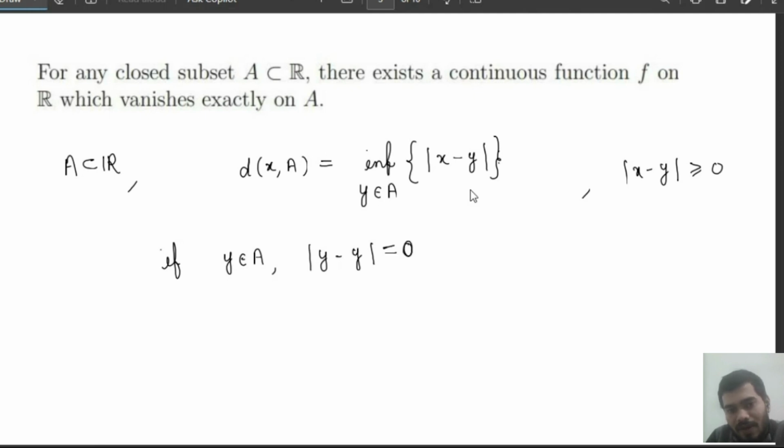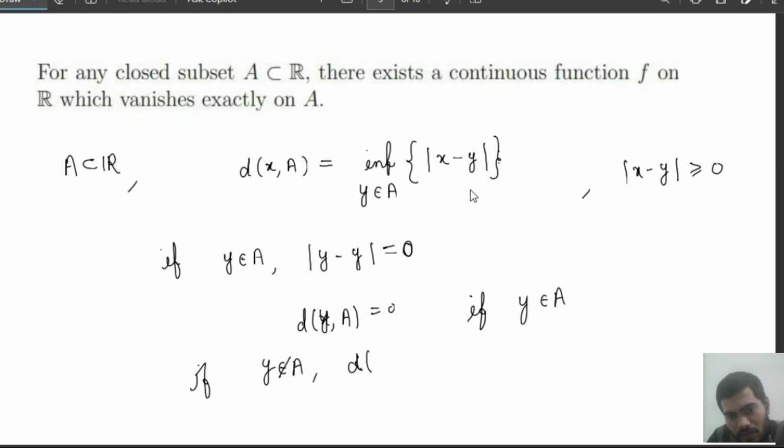So d of x comma A equals 0 if x belongs to A, right? And if x does not belong to A, d of x comma A is strictly greater than 0. But for this, I have to ask why.